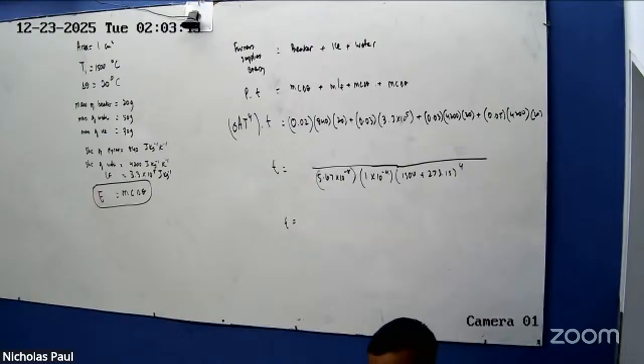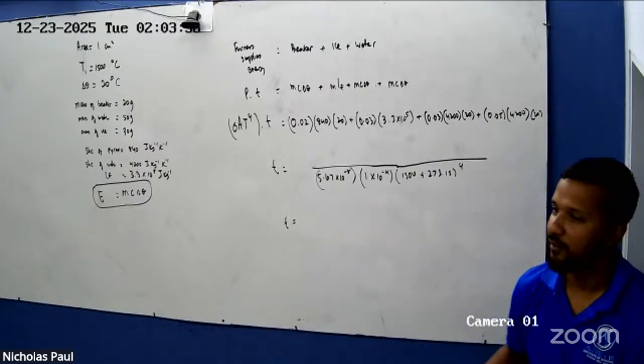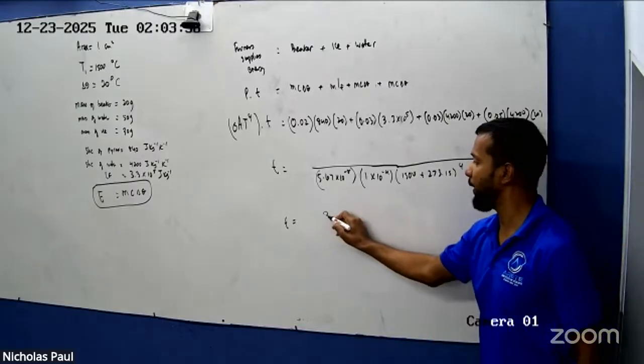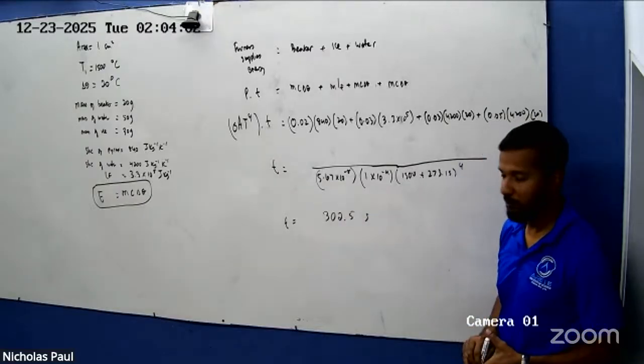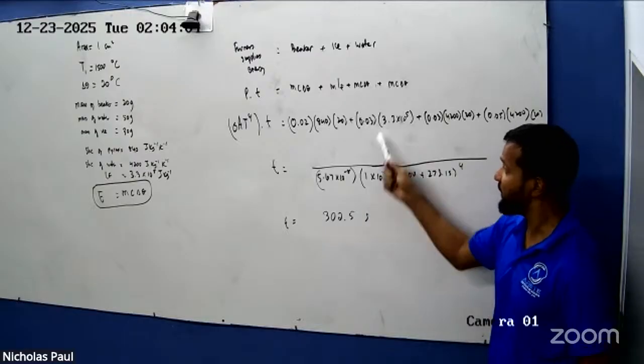How much did we get? What did you get? 302.5. Christian got the same, so we go with 302.5. Just check your working and make sure. It's just this divided by this.